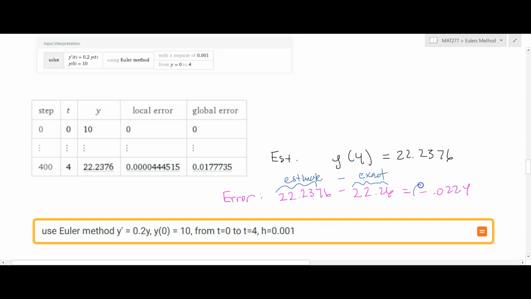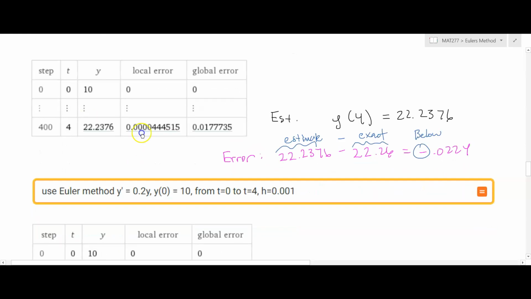So what this means here is that our estimate was below by 0.0224 units. If you subtract them in the opposite order, you'll still get the same value, ignoring the sign, but the negative just tells us that we've underestimated by a little bit. So you can see that's not very much, right? The amount by which we're off is not very much.